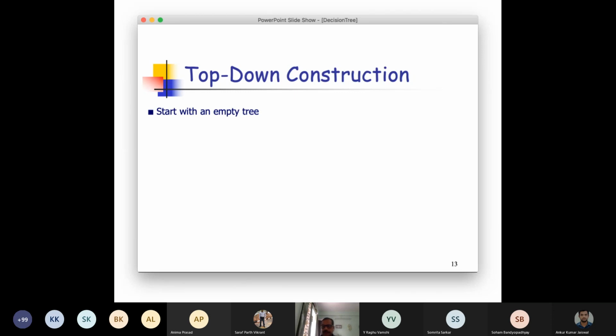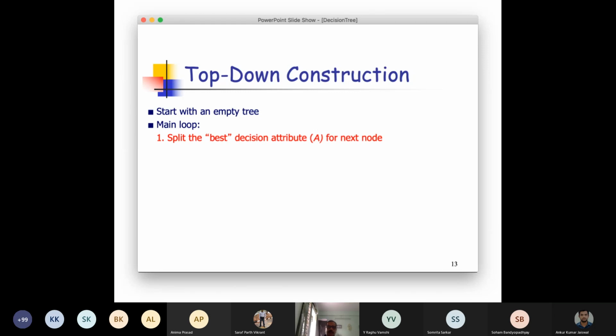So if I put it in the algorithmic structure, as you see, it's a top-down construction. So start with an empty tree. Then in the loop, you split on the best decision attribute for the next node. So attribute selection is a task that you need to do at every node: which attribute should be selected, attribute 1 or attribute 2, which means whether the x coordinate or y coordinate in the previous problem.